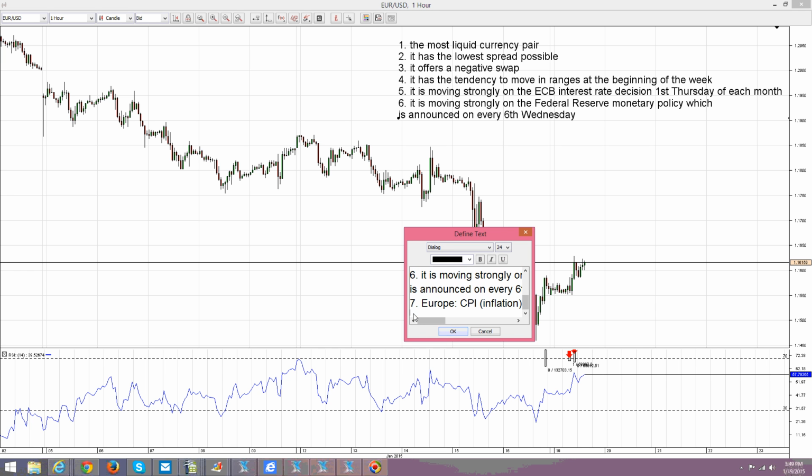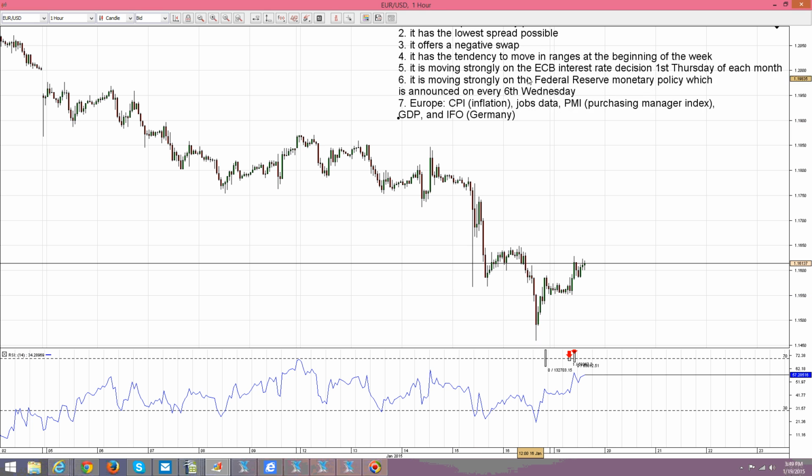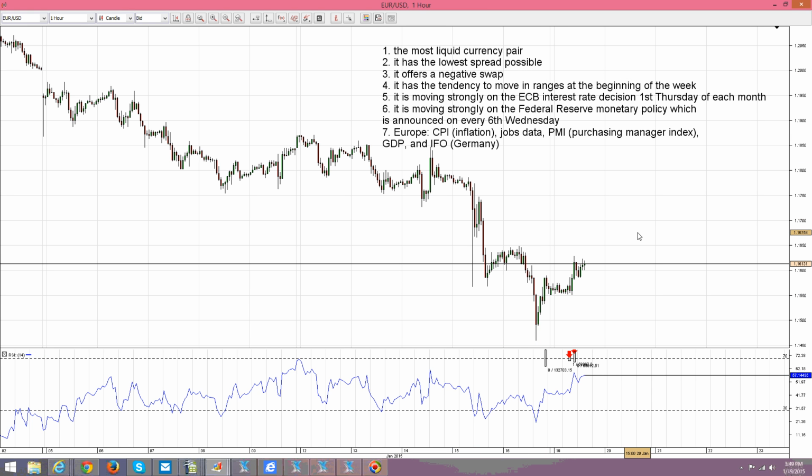And then after the CPI and the jobs data, the PMI, of course, we should look for the GDP, or the gross domestic product, which is the total value of goods and services in an economy, and the IFO. Now, IFO in Germany is actually a survey, based on what the German economy is doing, how the German companies are evolving, and so on.